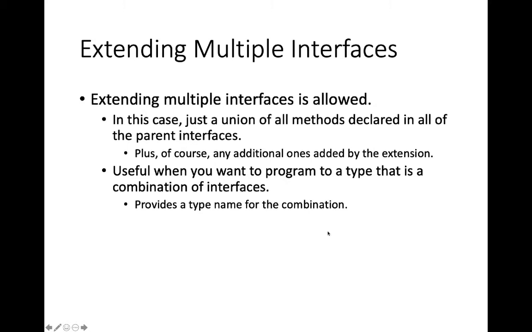And I want to force the issue. I want to say, hey, look, I need something that is an A, a B, and a C, but these are three independent interfaces. The solution is to define a new interface.